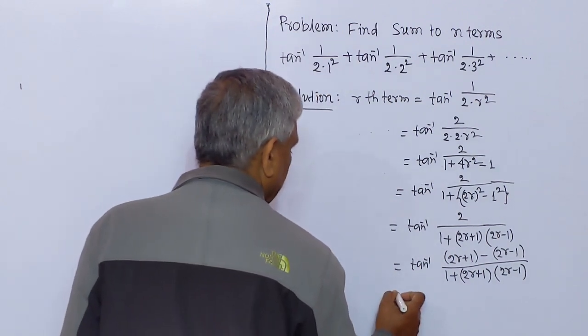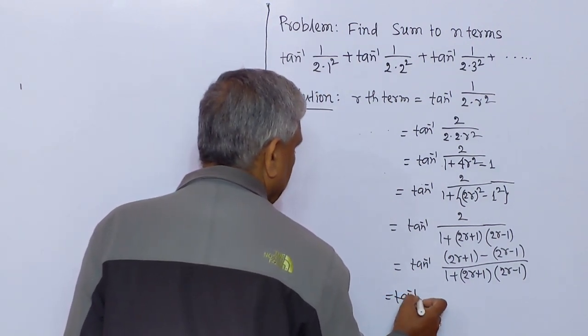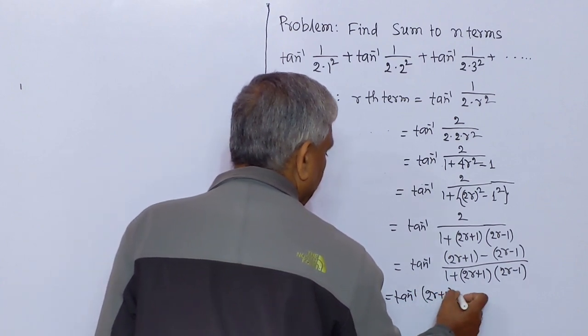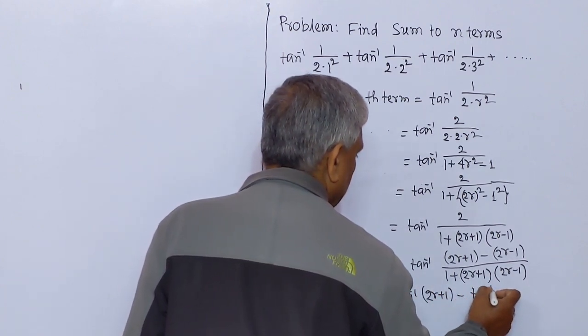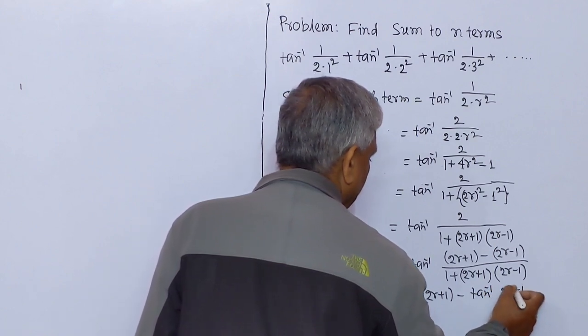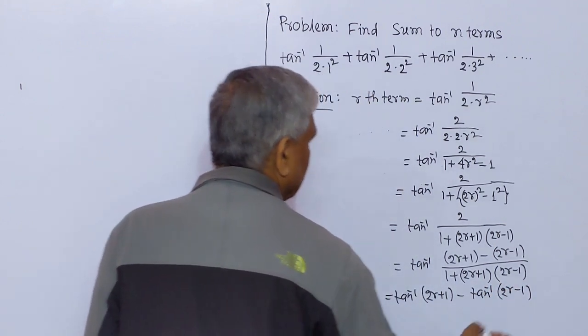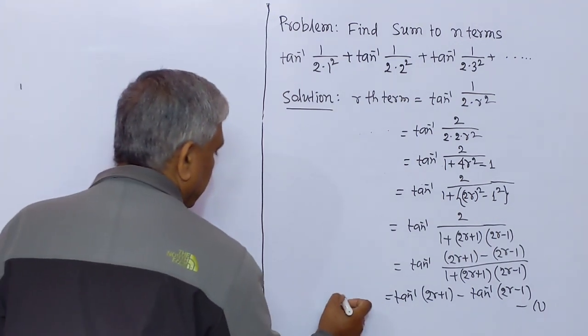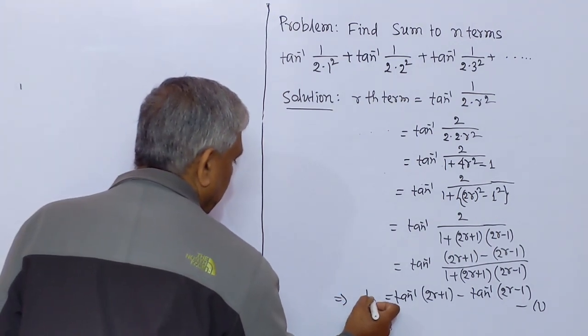And this will be equal to tan inverse 2r plus 1 minus tan inverse 2r minus 1. Let this be number 1. Let this be equal to TR.